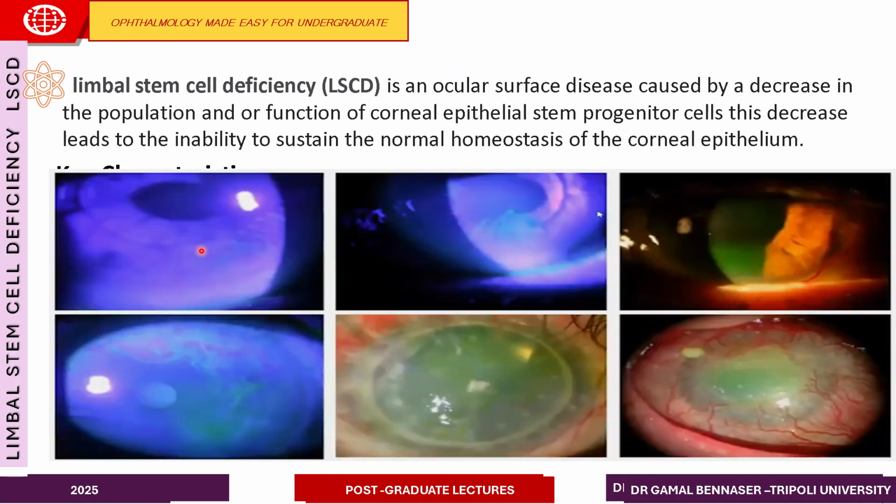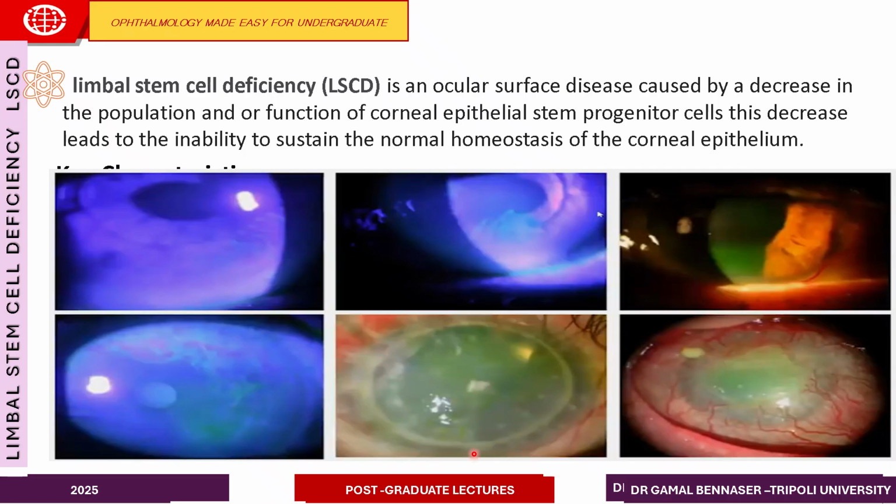The clinical features are based on the extent of this limbal stem cell deficiency, whether it is total or partial. The clinical features will depend on the extent of involvement of the limbal stem cell deficiency. If it is partial, there will be mild symptoms. However, if it is total, there will be significant symptoms.